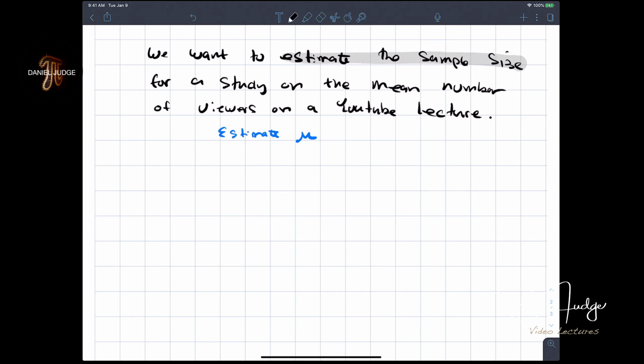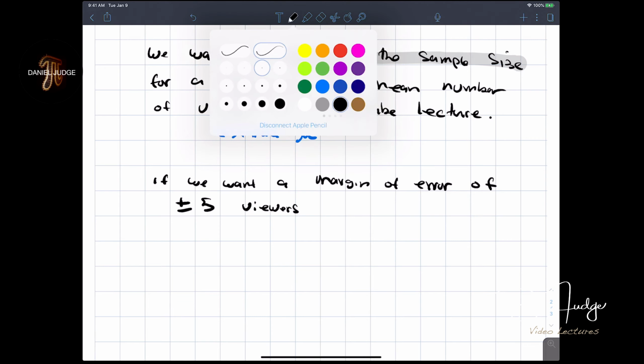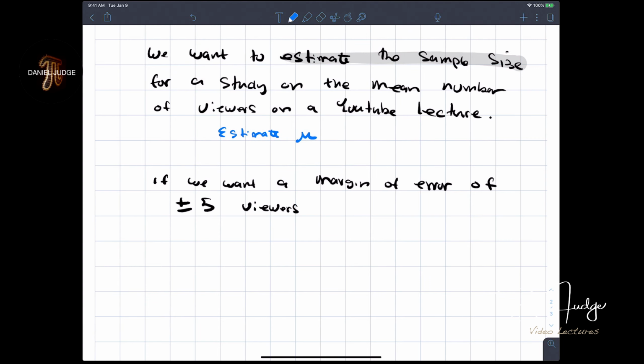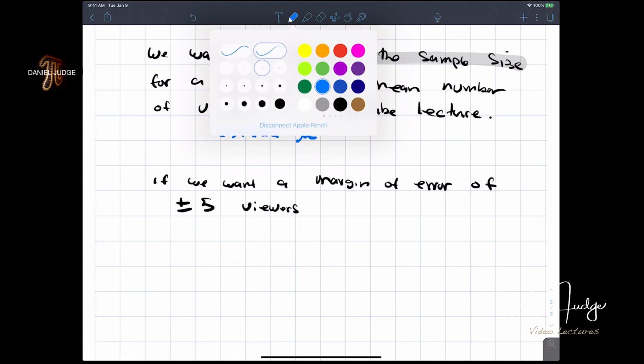And I'm going to say, if we want a margin of error of maybe plus or minus 5 viewers, we have to have the margin of error. We also have to have the following. We want the margin of error of plus or minus 5 viewers.